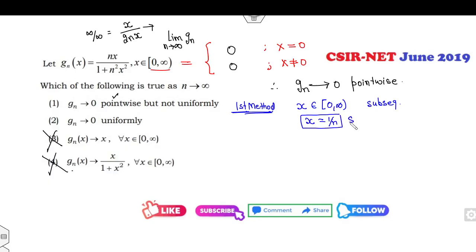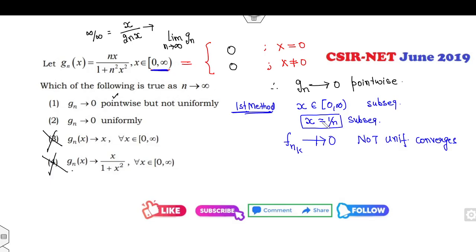It's a subsequence. If you prove that the subsequence f(xk) does not go to 0, then it is not uniformly convergent. Make sure this concept is used only to contradict the options, only to discard the option.